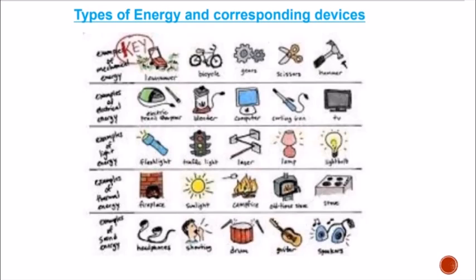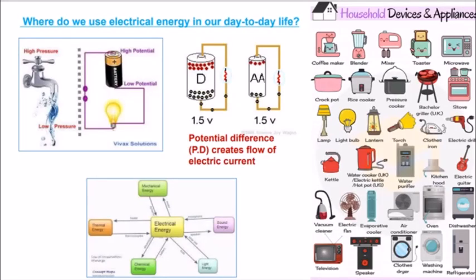We even use other types of energy as well, for example fuel. Then we also have sound energy. We use speakers, drum. Even when you are talking, energy is required, that is sound energy. So we use different types of energy, and through this we have invented different types of devices according to our need and our necessity.